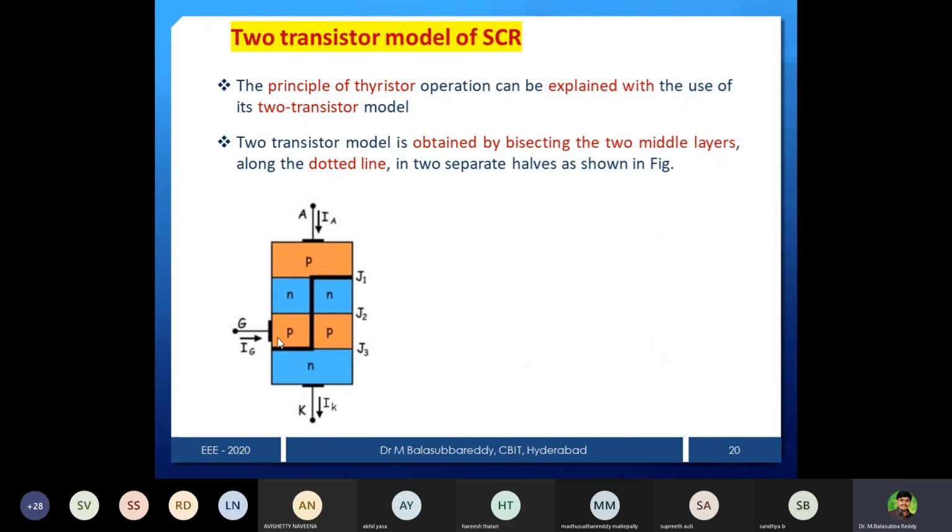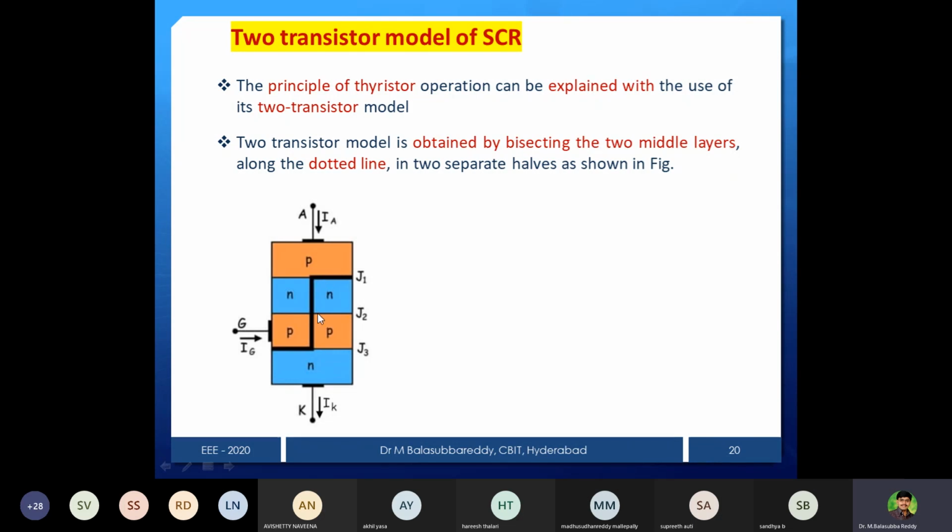So you can see this. This is the normal thyristor representation: anode, cathode, gate. There is an anode, which is the P terminal, the cathode is the N terminal, and the gate is near the P2 terminal. And as usual, there are three junctions: J1, J2, J3. Now you need to bisect the middle layers. What are the middle layers?